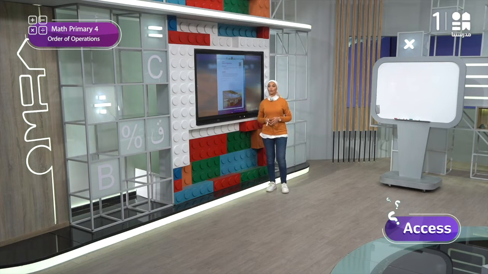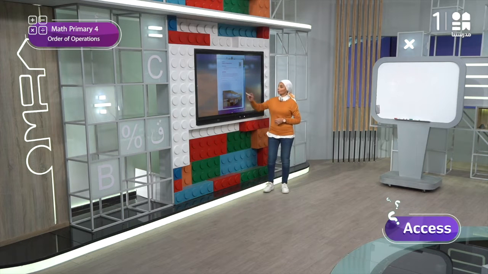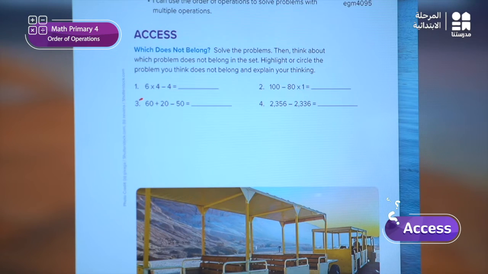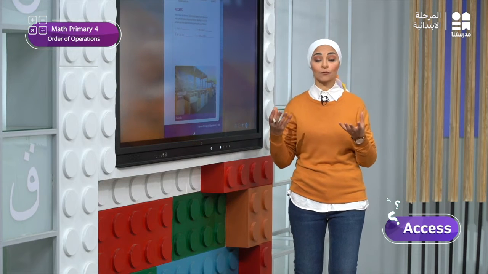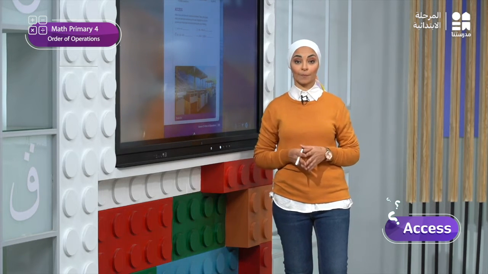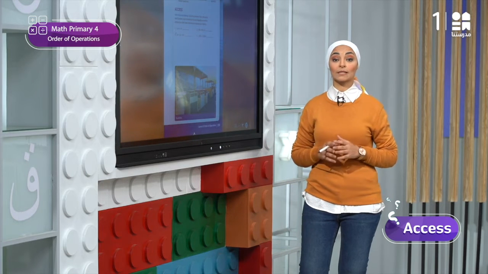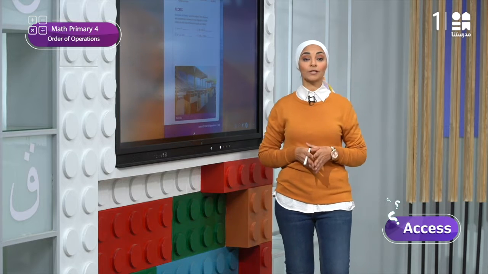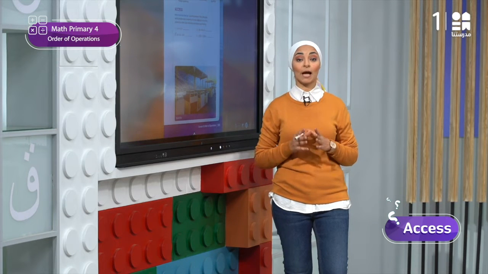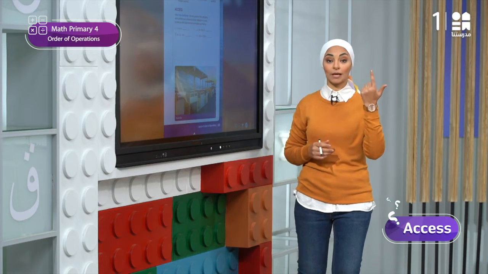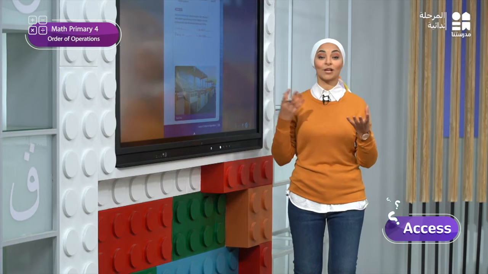And now let's review the answers all together. Problem number 1 is telling me to multiply 6 times 4 and then minus 4. Following the order that we have learned, and as the problem doesn't have any brackets, we will first solve multiplication and division operations from left to right.